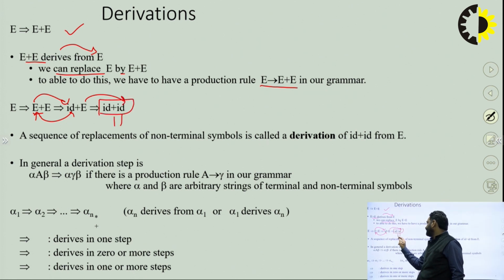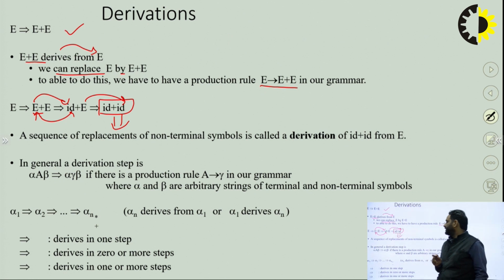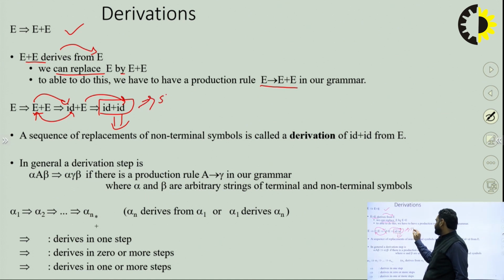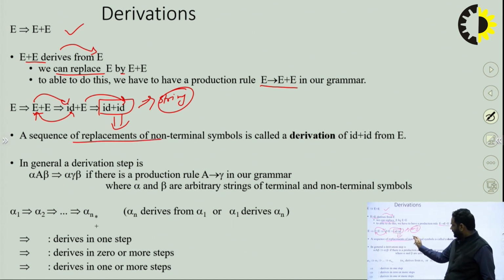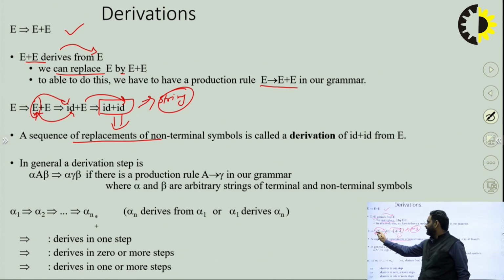Now we find a sequence of symbols in which we have only terminal symbols. So this is known to be a string. A string is a collection of terminal symbols. So we can say this is the sequence of replacements that we did. First we replace E with E plus E, then we replace this E with ID, then we replace this E with ID.